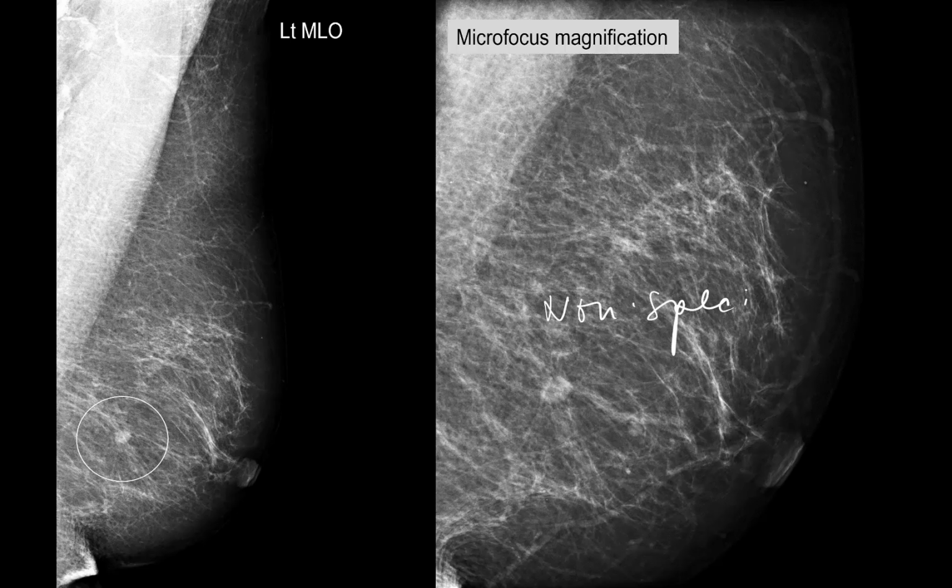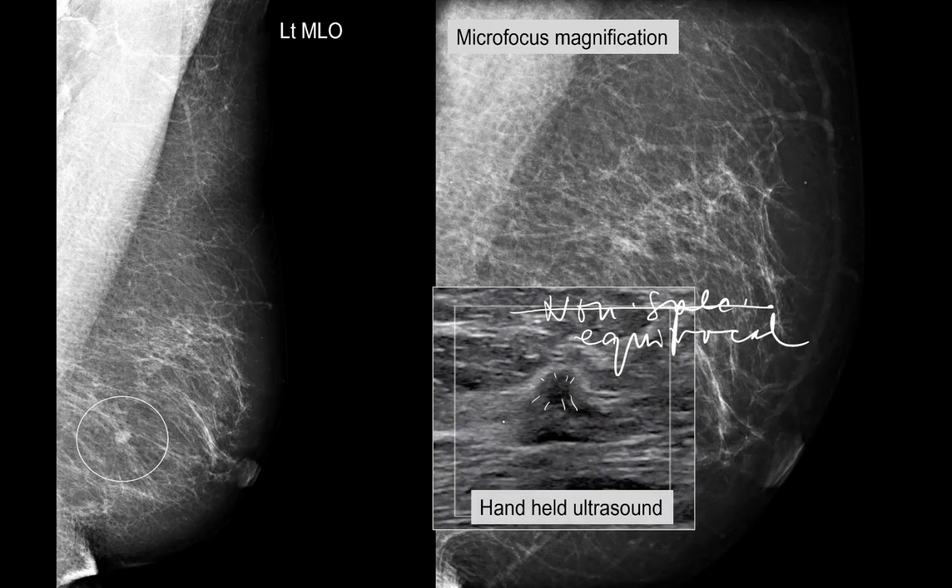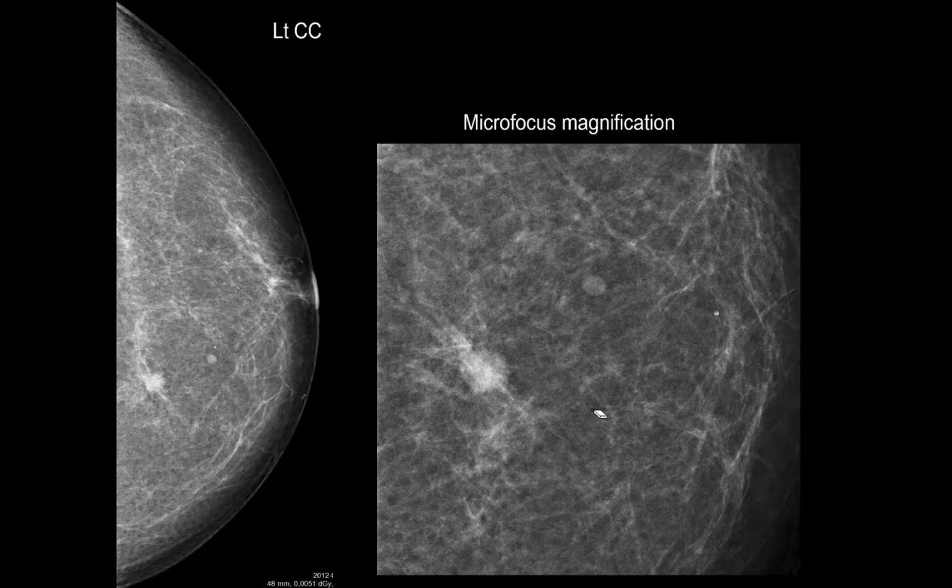That is, it's not fibroglandular tissue, so it's equivocal. And then the magnification shows its real nature. And then the ultrasound proves it's a carcinoma. So gradually we build up the diagnosis.